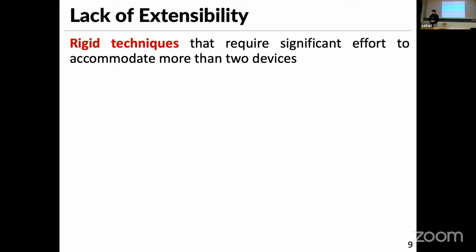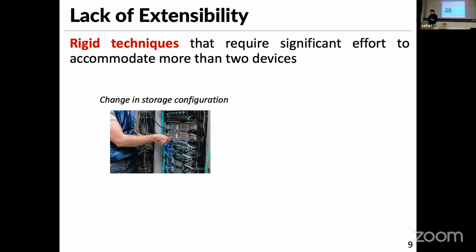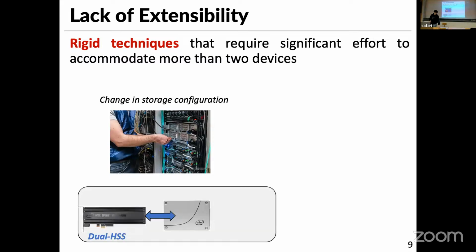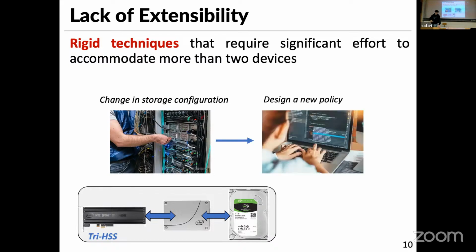Basically, when you have a change in storage configuration, for instance going from a dual HSS, with 2 devices, to a tri HSS with 3 devices, you're going to have to design a completely new data placement policy. And that is a huge effort for the engineer, and it's very cumbersome to have to make a new policy every time.